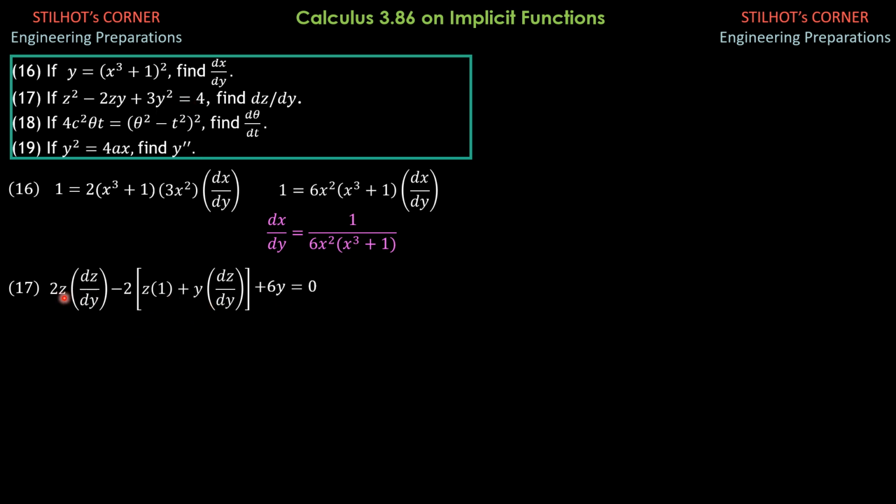So divide everything by 2. This is z dz/dy, then minus z minus y dz/dy plus 3y equals 0.